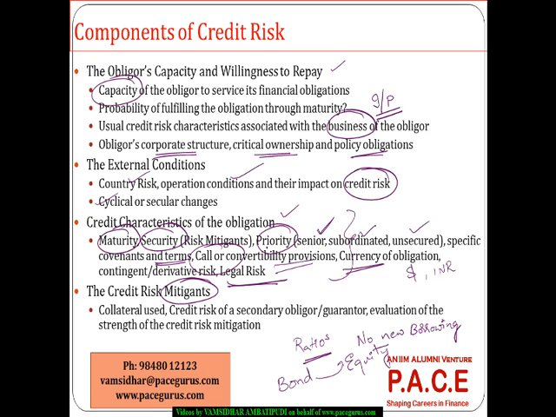Those are what we are calling mitigants, where the whole thing revolves around the collateral that is being used, or am I using some kind of a secondary obligor or a guarantor who is guaranteeing the payment in case the primary borrower is defaulting?